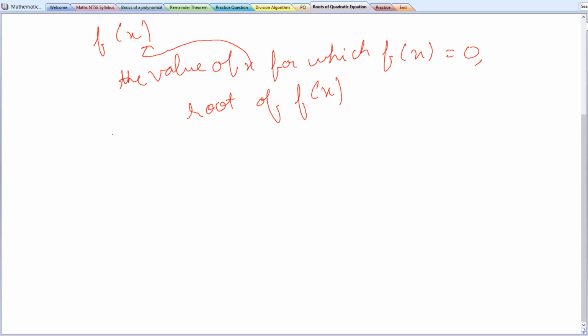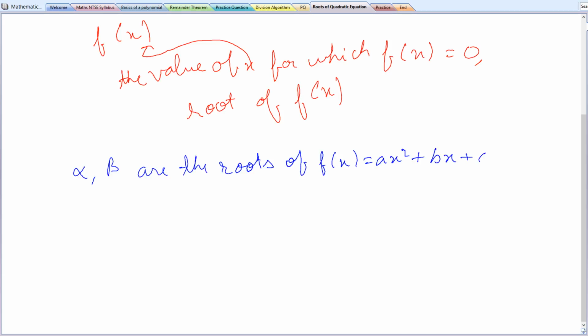So we just saw that alpha and beta are the roots of f(x) equal to ax square plus bx plus c, which is my standard form of a quadratic equation.